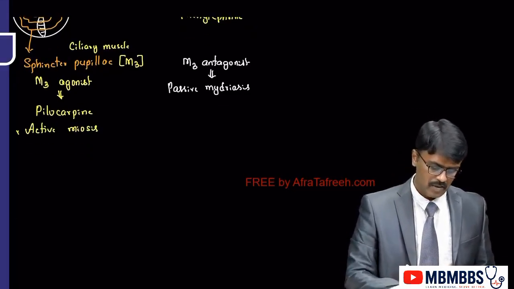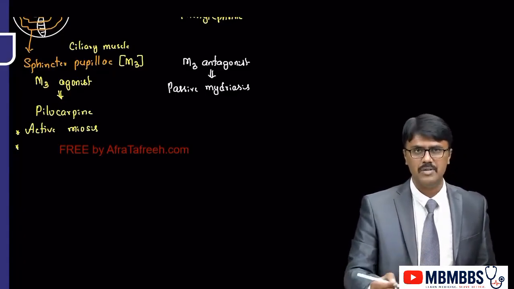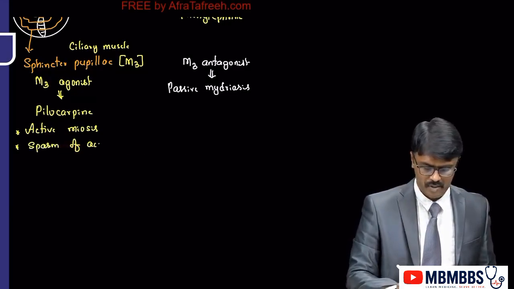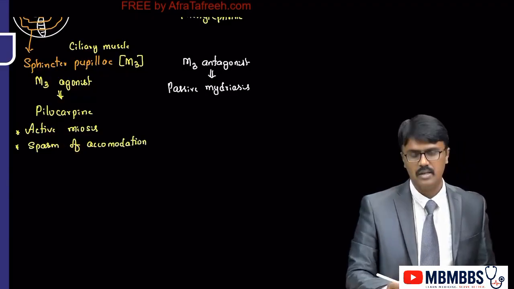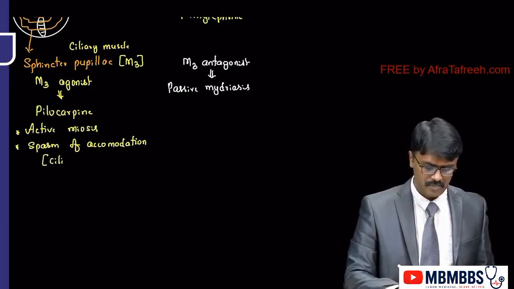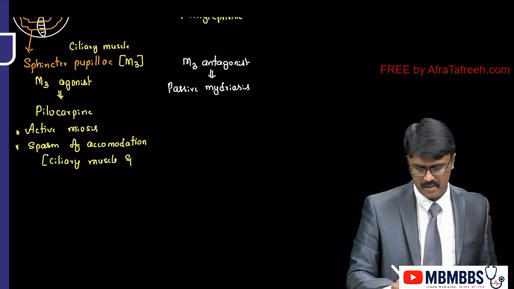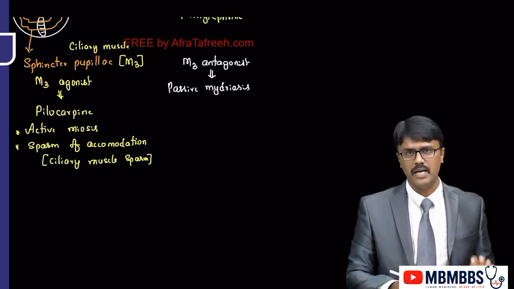Pilocarpine not only produces active miosis, it causes spasm of accommodation, because it increases the tone of the ciliary muscle, that is, ciliary muscle spasm. So pilocarpine is an active myotic and it constricts the ciliary muscle.